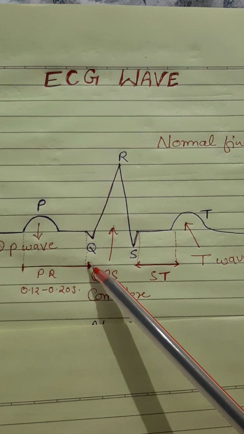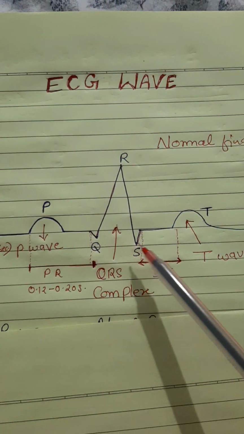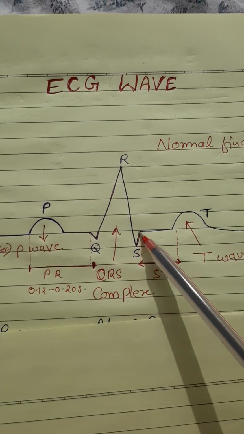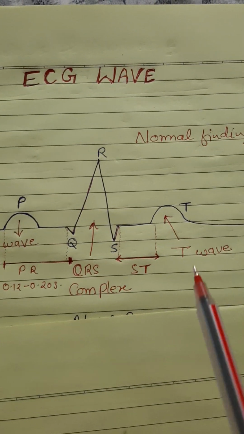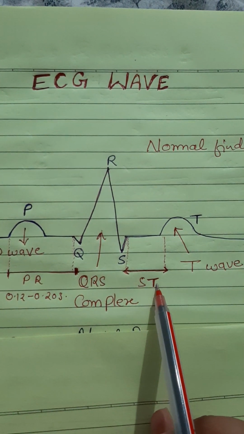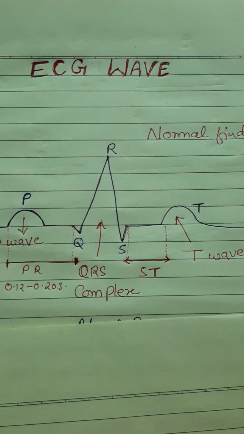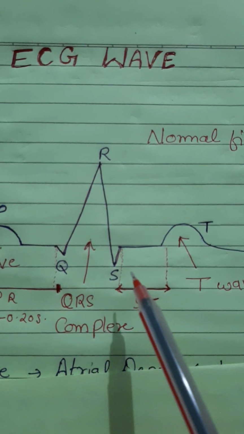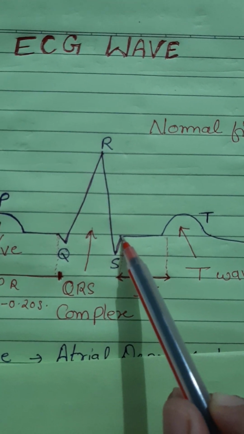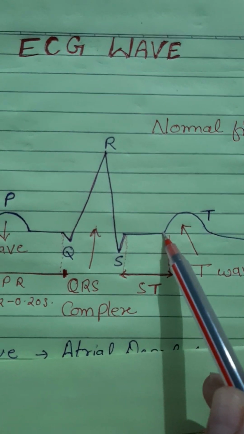This is the QRS complex. Its onset is from here till here. And the ST segment: where does it start and where does it end? It starts at the end of the QRS complex and goes till the start of the T wave.